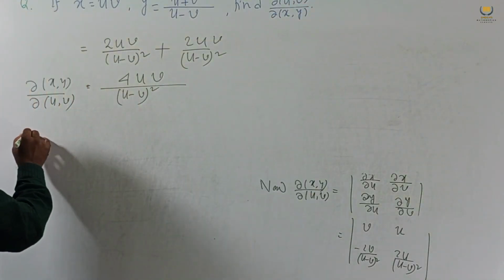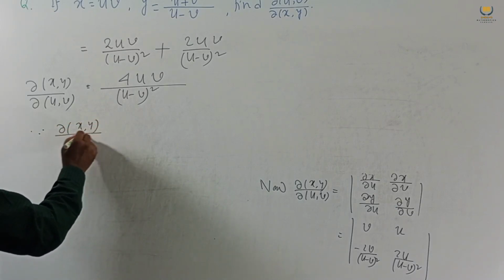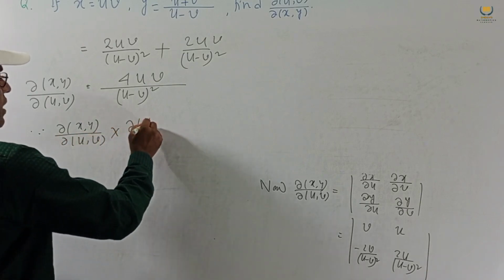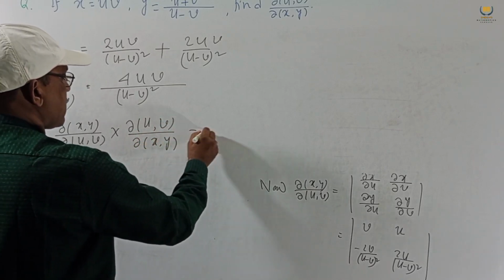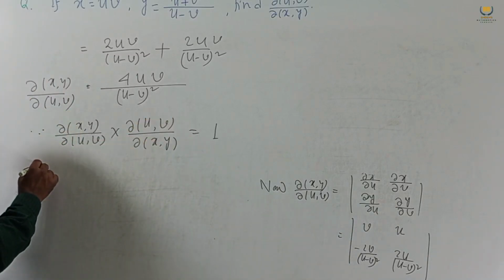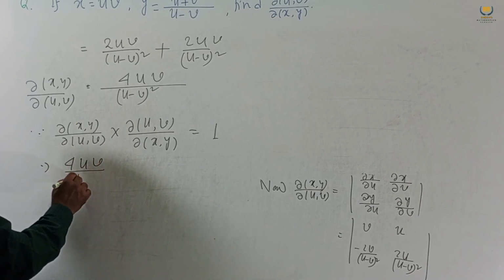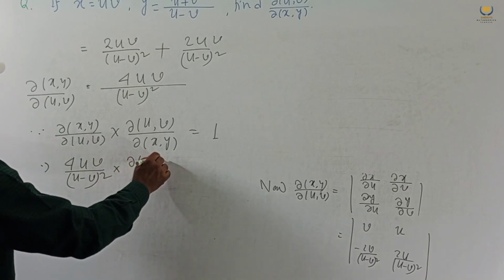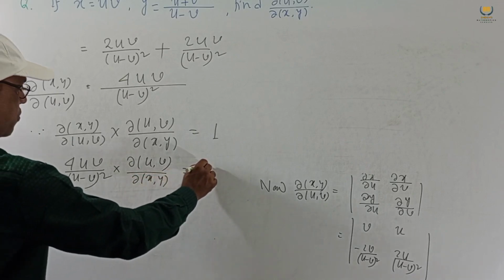Now since del(x, y) by del(u, v) into del(u, v) by del(x, y) equals 1, and we know this value, 4uv by (u minus v) whole square, into del(u, v) by del(x, y) equals 1.